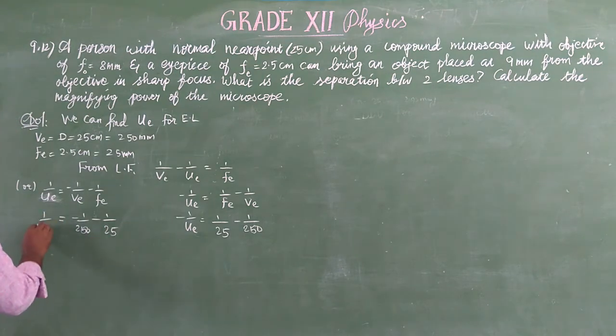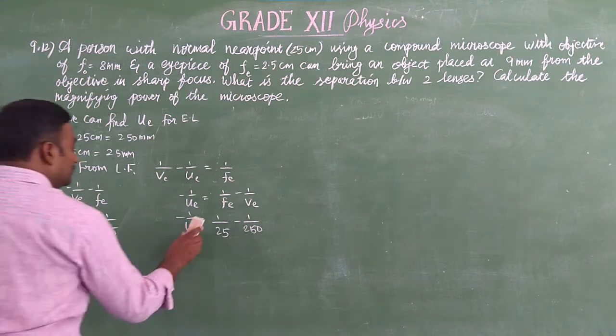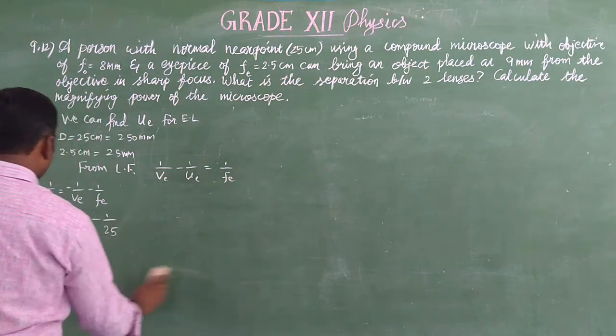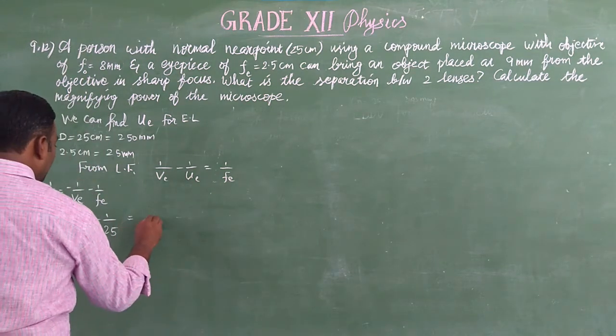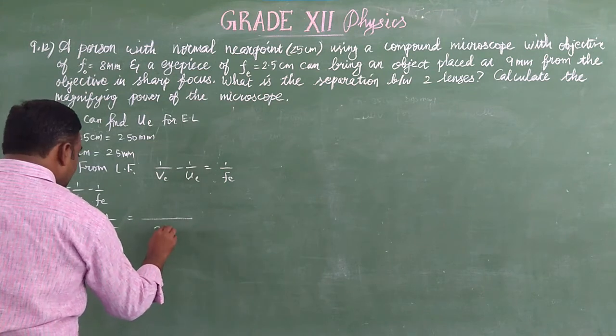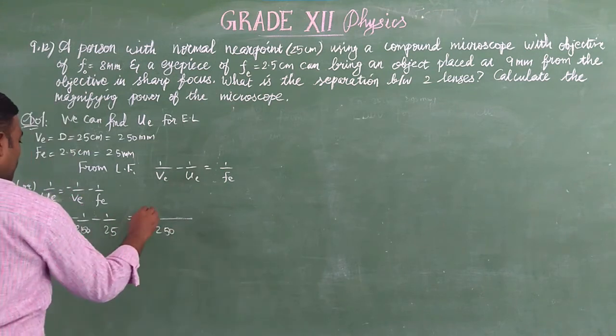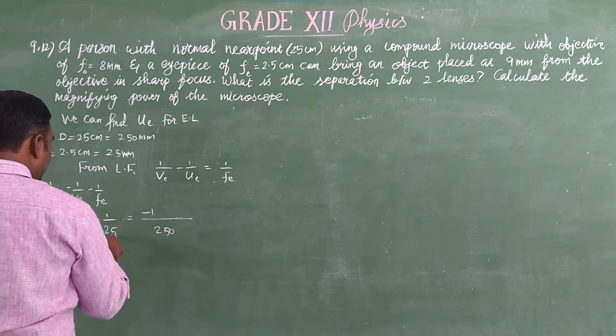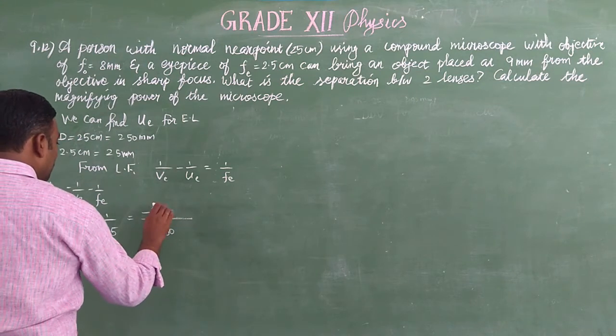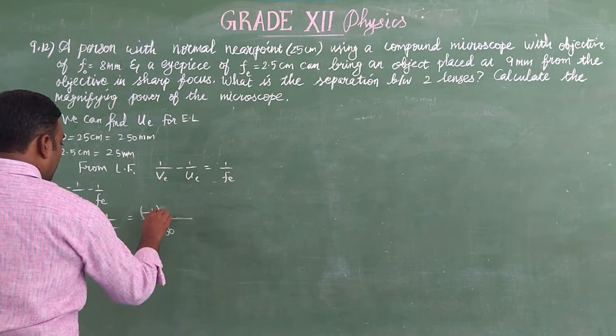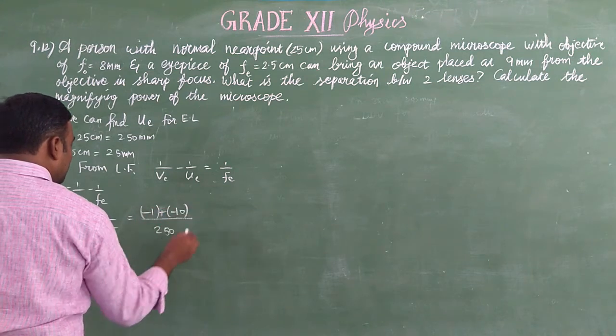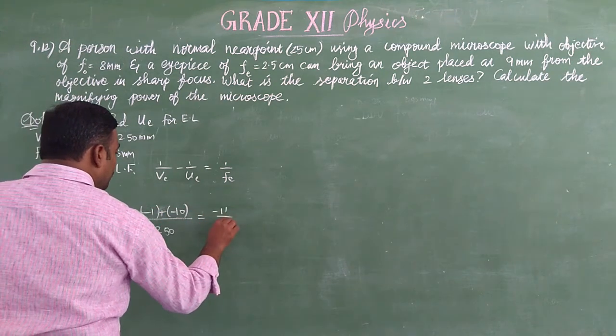So 1 by UE is equal to this value. Take the LCM. That is 250. So here you need to multiply by 1, minus 1 into 1, minus 1 into 10. So that becomes minus 11 by 250.